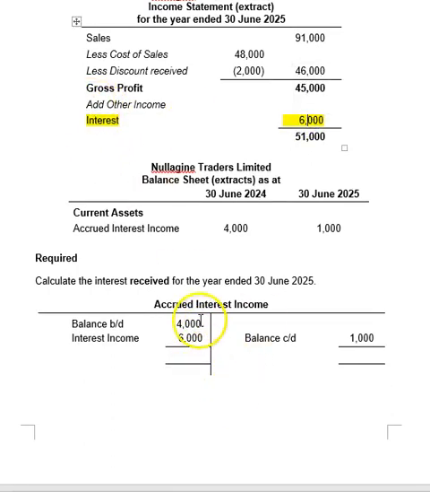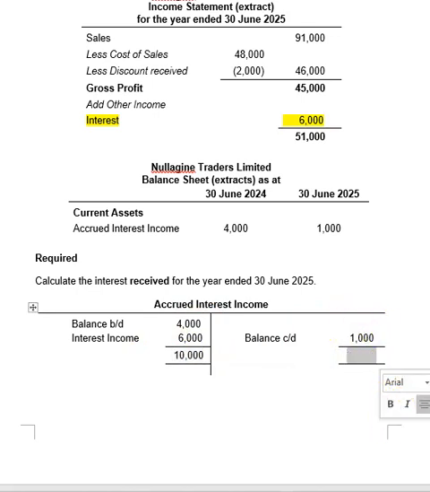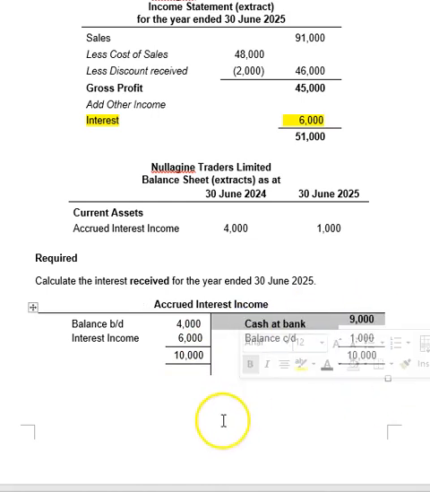That means they owe you even more. They're supposed to owe you 10,000. However, in your balance BD, there's only 1,000. Why? This is because they have already paid you another 9,000.